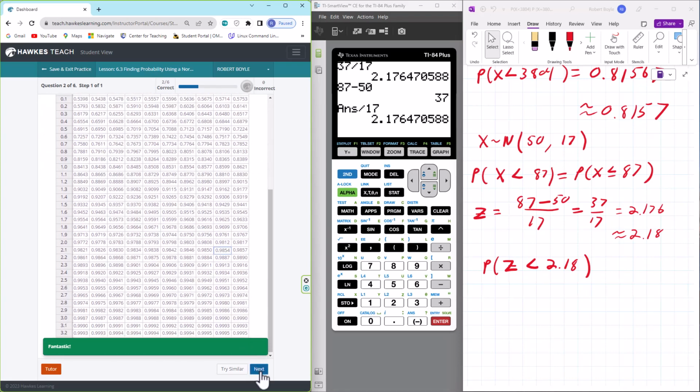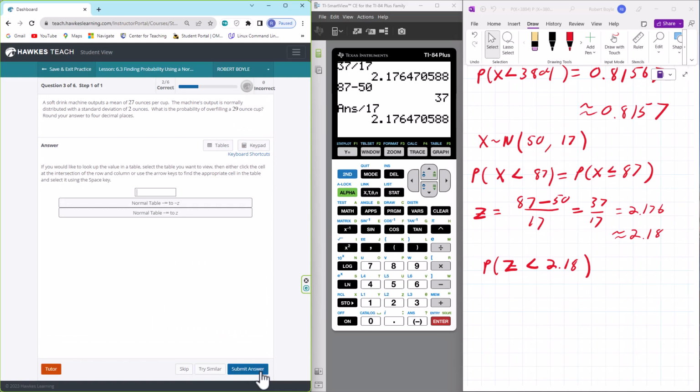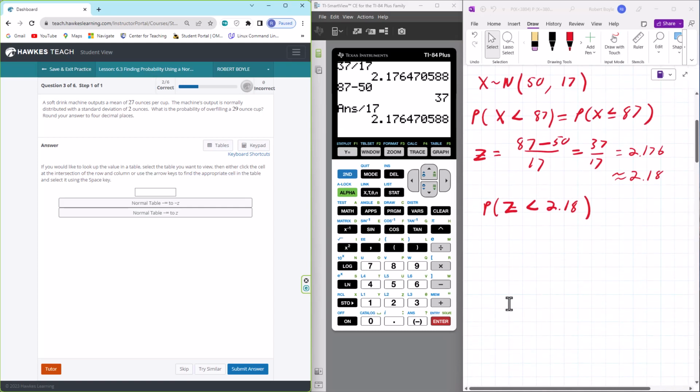Okay, and this brings us to problem number 3. A soft drink machine, so I think we've seen this before, outputs a mean of 27 ounces per cup. The machine's output is normally distributed with a standard deviation of 2. So we are dealing with a random variable, x, with a mean of 27 ounces and a standard deviation of 2 ounces.